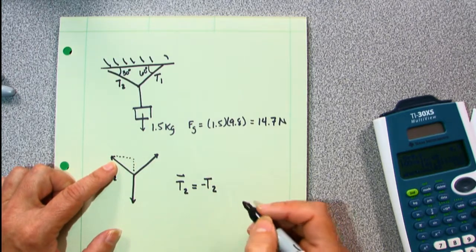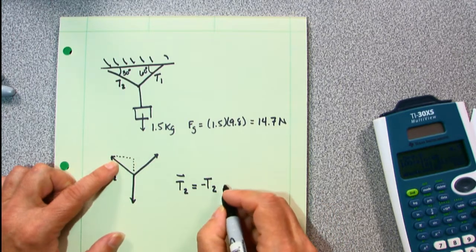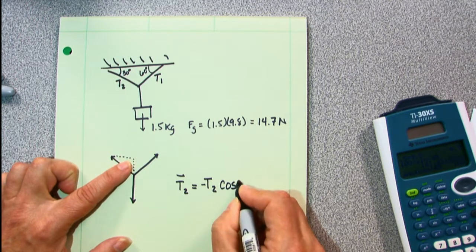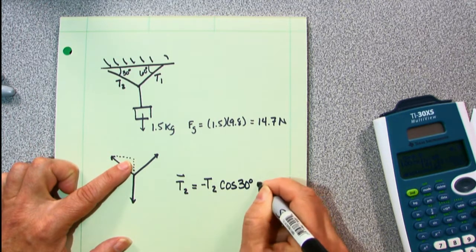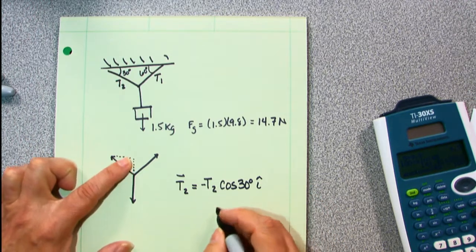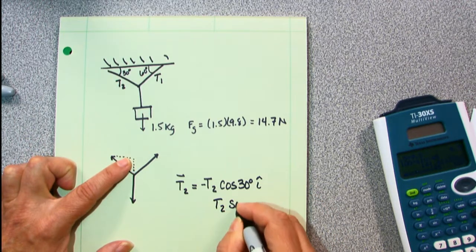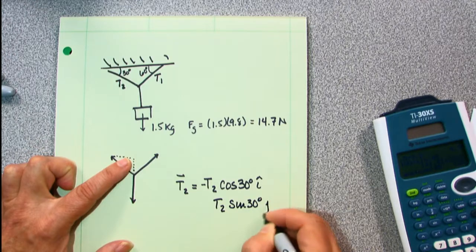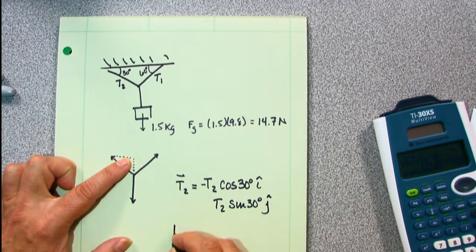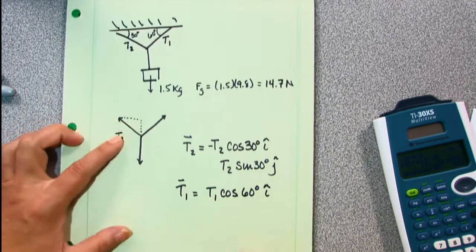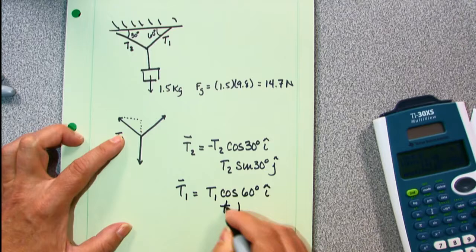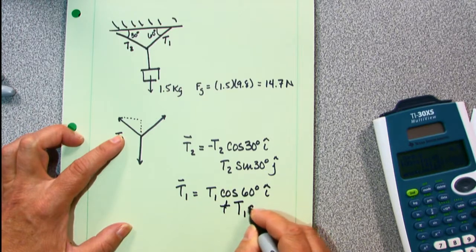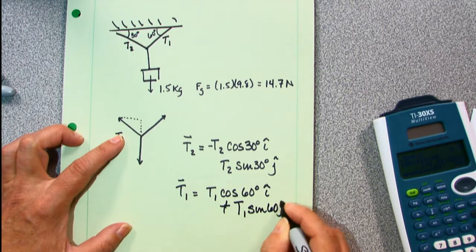It's going to be negative, and it's going to be cosine 30 degrees, as I've drawn the picture, in the I direction. It's going to be T2 sine 30 degrees in the j direction. T1 is going to be positive T1 cosine 60 degrees in the I direction, plus T1 sine 60 degrees in the j direction.